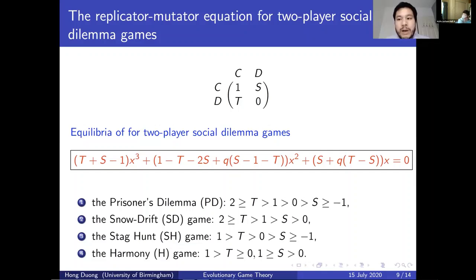We consider four popular social dilemmas depending on the ordering between T and S: the prisoner's dilemma, the snowdrift game, the stag hunt, and the harmony game. We also consider where T and S are random variables.